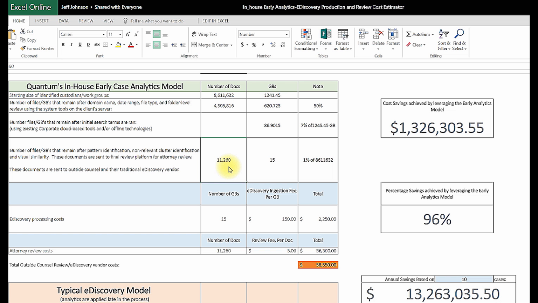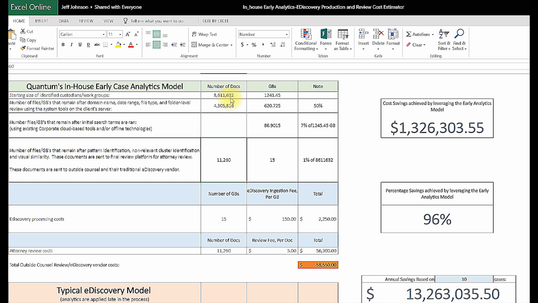And that's really, really important. On this case, when outside counsel saw the analytics, when they were educated and informed with the visual analytics we gave them, they came back a few days later with a refined set of terms. And that, of course, also helped target the collection right into the documents that were relevant to their case.